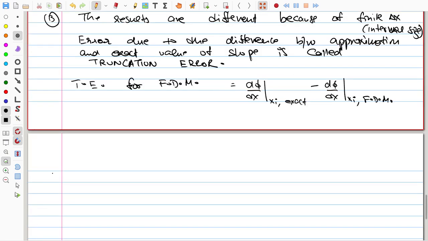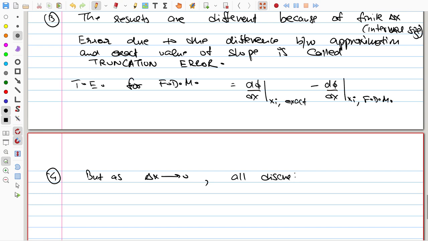Well, let us have a fourth note, just to make sure we all remember the fact that as delta x tends to 0, all discretizations should tend to the exact derivative.